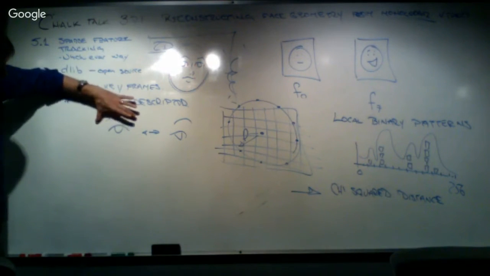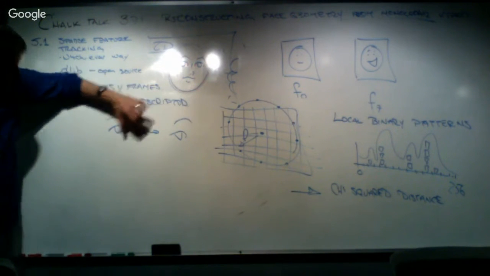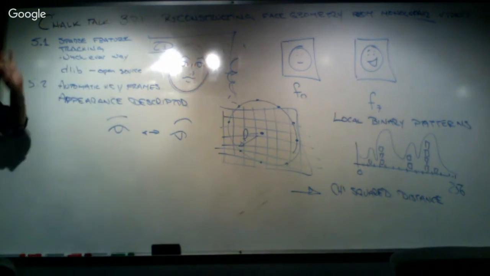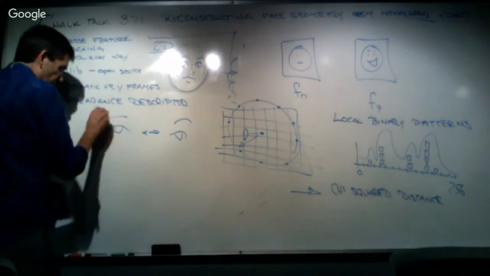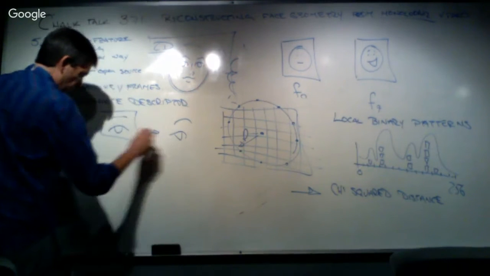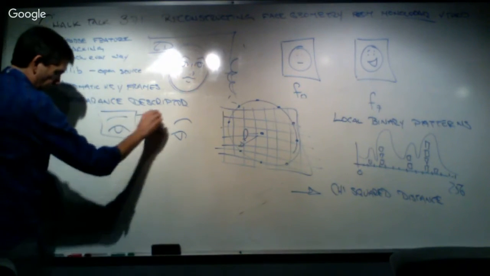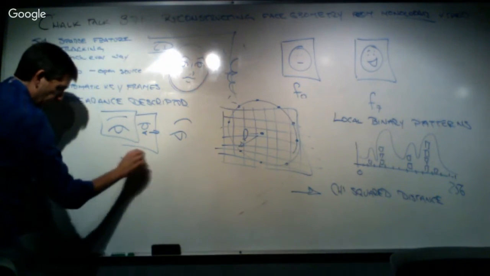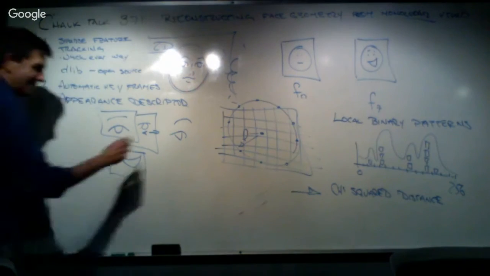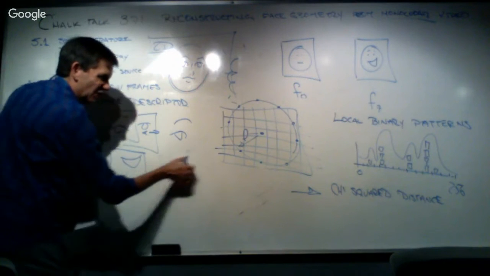So we're going to take this eye, compare it to this eye, and do it not only for the eyes, but for the eye, the mouth, and the smile at the same time. So we build a patch like this, then a patch for the other eye, so there's another eye back here, and a patch for the mouth. And we take each one of those histograms and string them together.